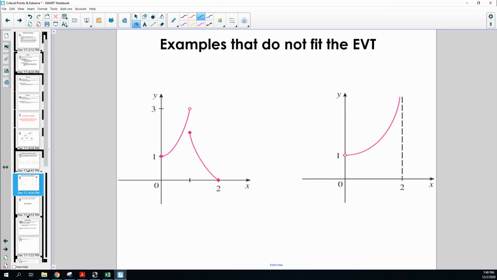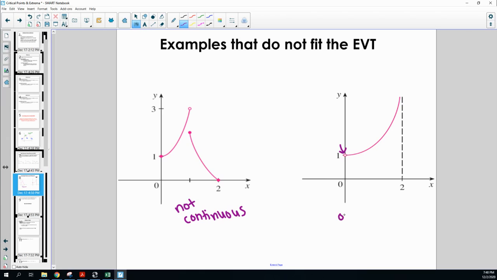Here are some examples that do not fit the extreme value theorem. So the one on the left does not fit the extreme value theorem because it's not continuous, right? We have a not continuous. So since it's not continuous, it's not the extreme value theorem. Here, even though this is stopping here and continuing going up this way, and it's technically continuous-ish, because of this open circle, right?